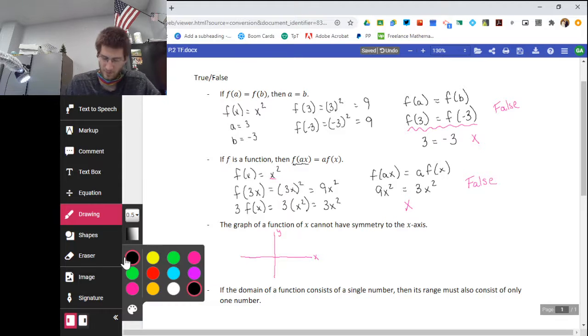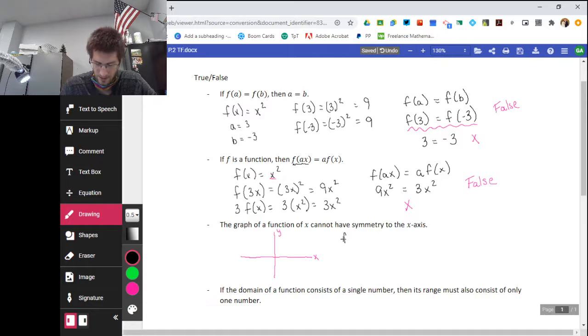Well, there is this one example here. Let's think of a constant function, namely f of x equals 0. F of x equals 0 is a horizontal line, like y equals 0. So that would be this line right here.